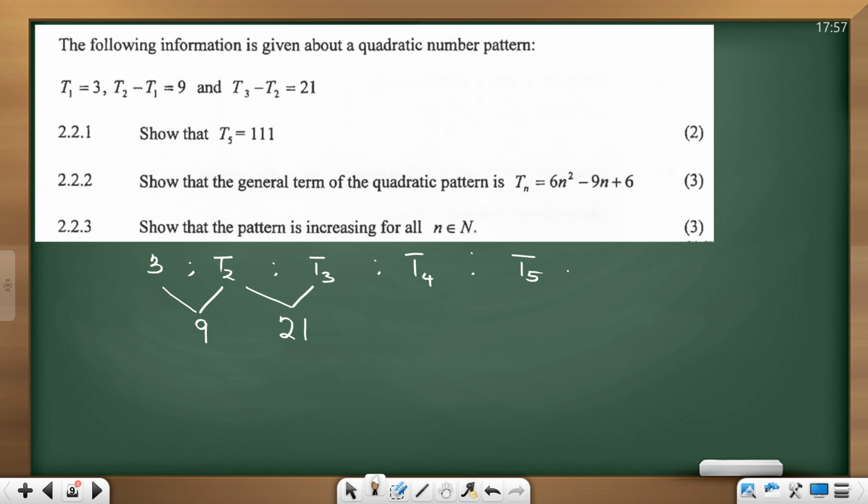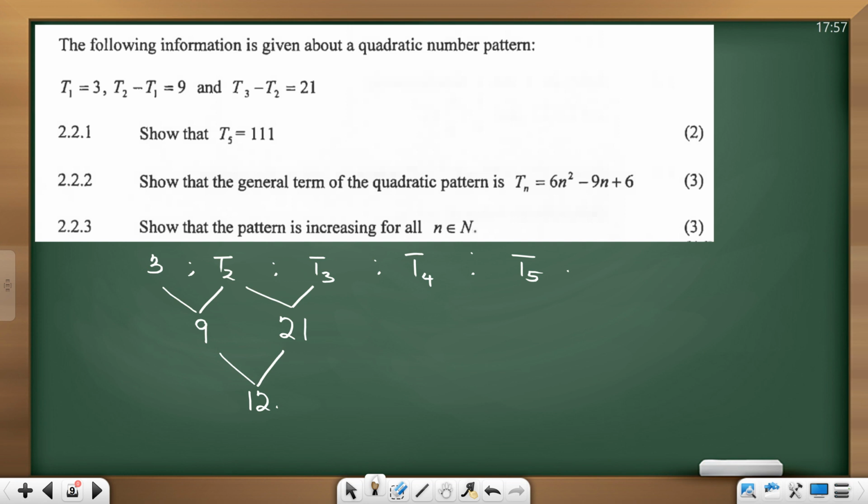Show that T5 is 111. Progressively, what you need to see is the difference. What's our difference? 21 minus 9 would give us 12. We know that the difference should be common.